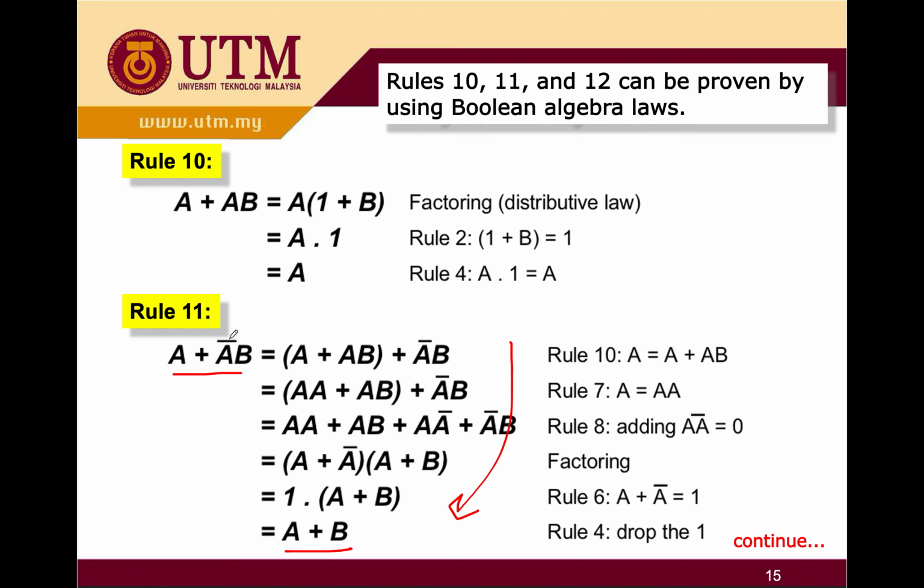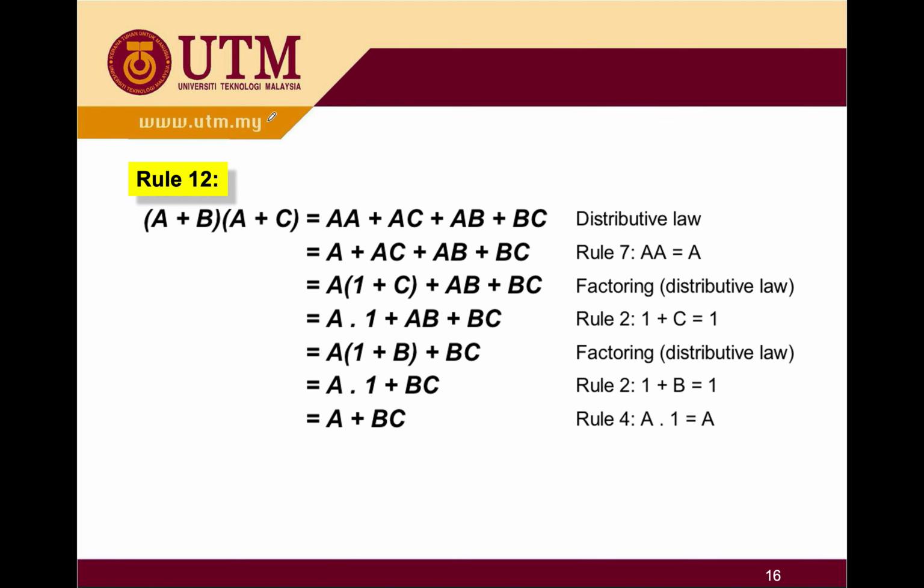You have the a bar, but how are you going to delete it because you have a plus b. So you need to play around with all the 12 rules, and the last rule is a plus b factor, which is multiplied by a plus c. You will get a plus bc.